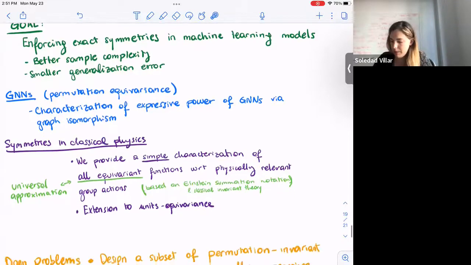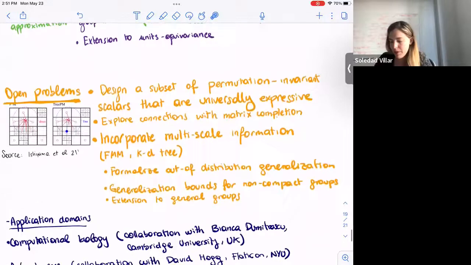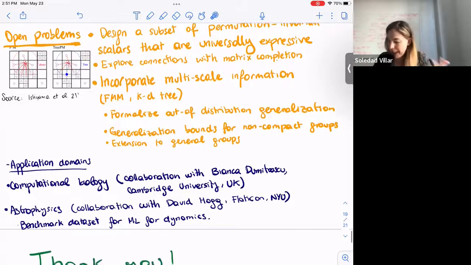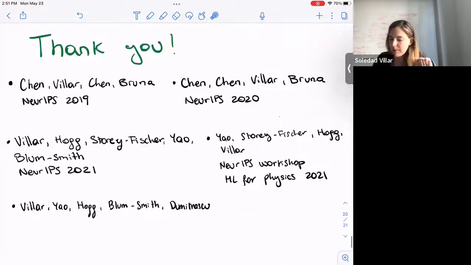And there's many open problems to make this more scalable or universally expressive, etc. And applications domains.